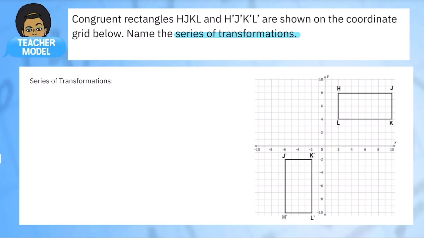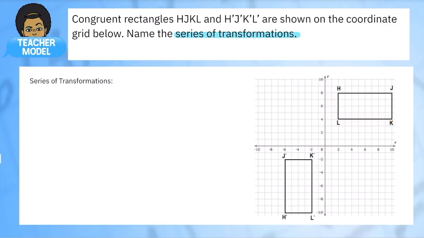So I want us to think about how can I go from this figure here? What could I do to this figure to get to this figure? What could be a series of transformations? What changes can I make? Thinking about the kinds of changes we have, it's definitely not a dilation because it's still congruent. I still have a 4 by 8 rectangle. So they're congruent.